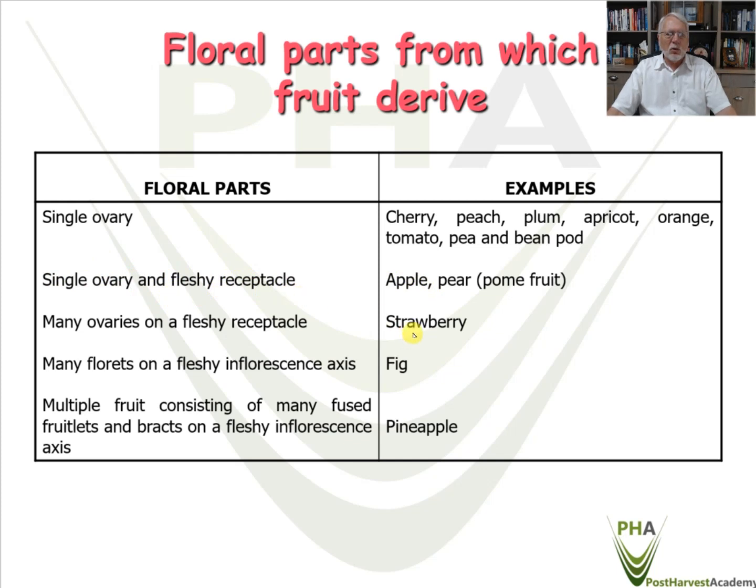The strawberry develops from a fleshy receptacle that contains many ovaries. The fig develops from a fleshy inflorescence axis with many florets on it. And the pineapple is a multiple fruit consisting of many fused fruitlets and bracts on a fleshy inflorescence axis.